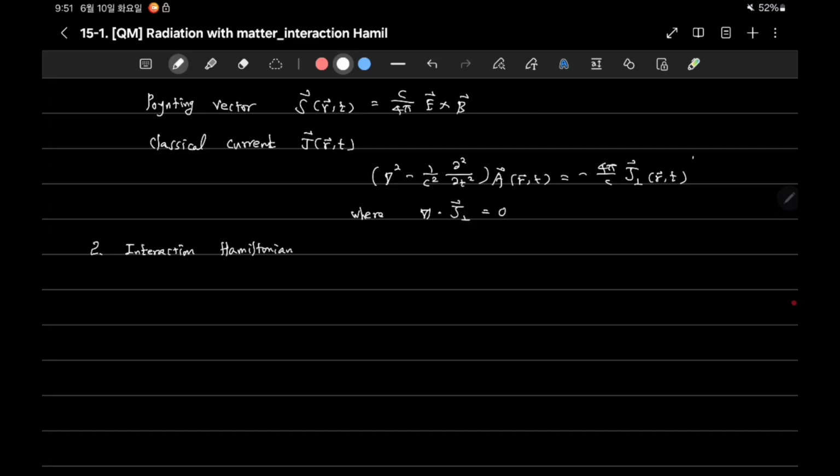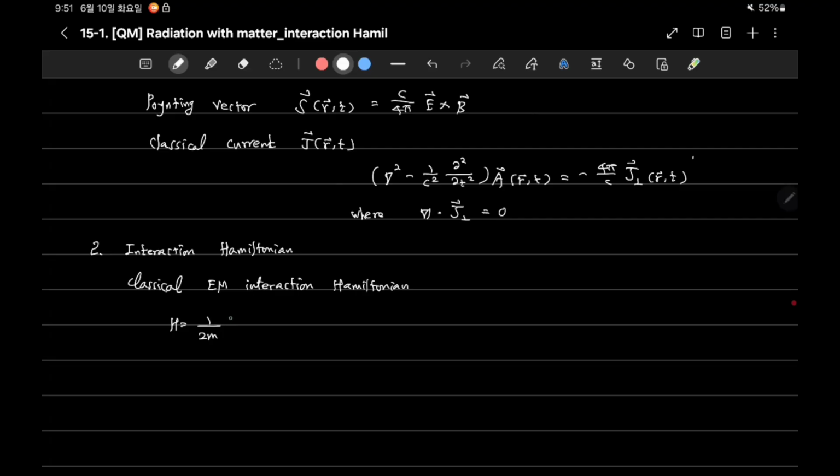Classically, let's start from the classical electromagnetic interaction Hamiltonian. It is 1 over 2m times the momentum. Without an electromagnetic field, it is p squared over 2m, that is the kinetic energy.